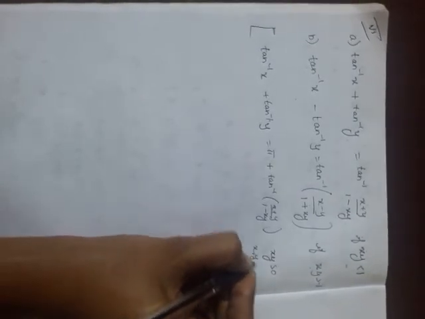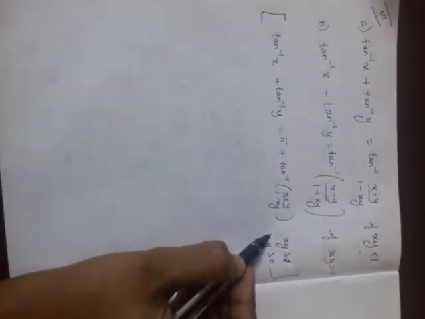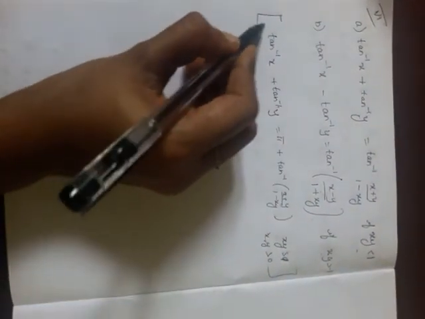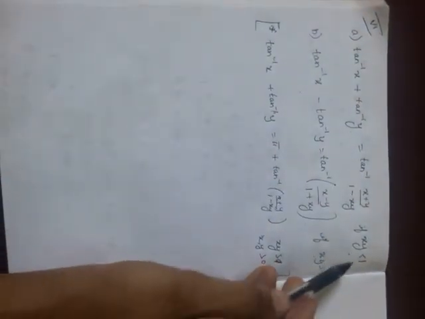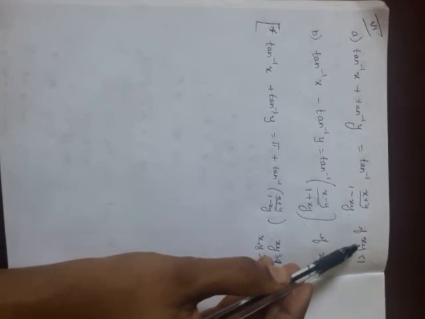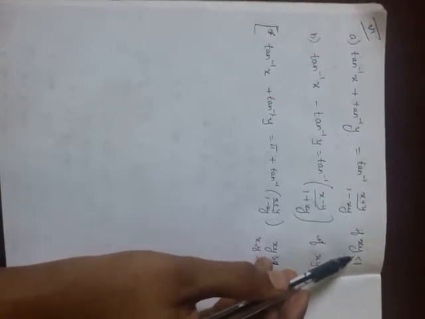Here xy is greater than 1, and x and y are greater than 0. Understood? This formula is there, but it is not in your syllabus. No need to learn this one by heart, but you have to learn these two by heart. First you have to check whether xy is less than 1 or not.